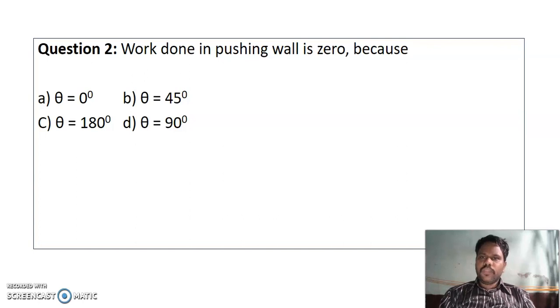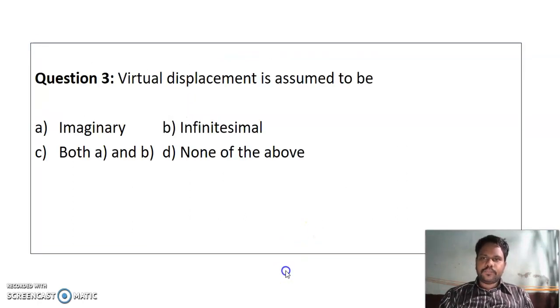Question number 2. Work done in pushing a wall is 0 because work done is 0 when the force component and displacement are perpendicular, which means theta is 90 degrees.